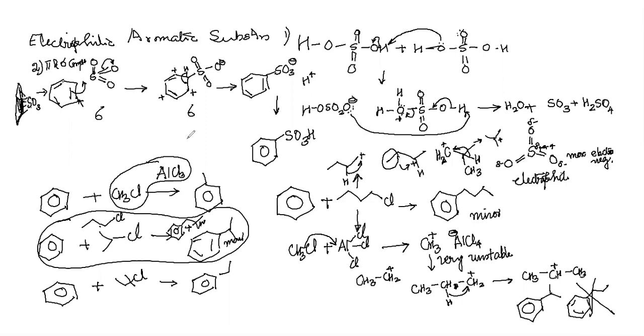So what is the product? I'll rewrite the whole thing, you'll get confused with whatever I have told. I'll rewrite, one second. Look here, this is what we are trying to convey. This reacting with 1, 2, 3, 4 Cl in the presence of aluminum chloride.